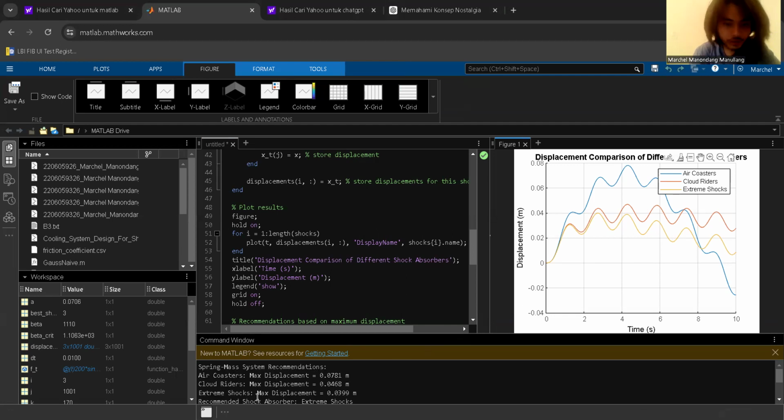So in here we're going to get the recommended shock absorber, which is the Extreme Shock, because it has a maximum displacement equal to 0.03999 meter. So we can see from the plot that the Extreme Shock has a minimum displacement here.